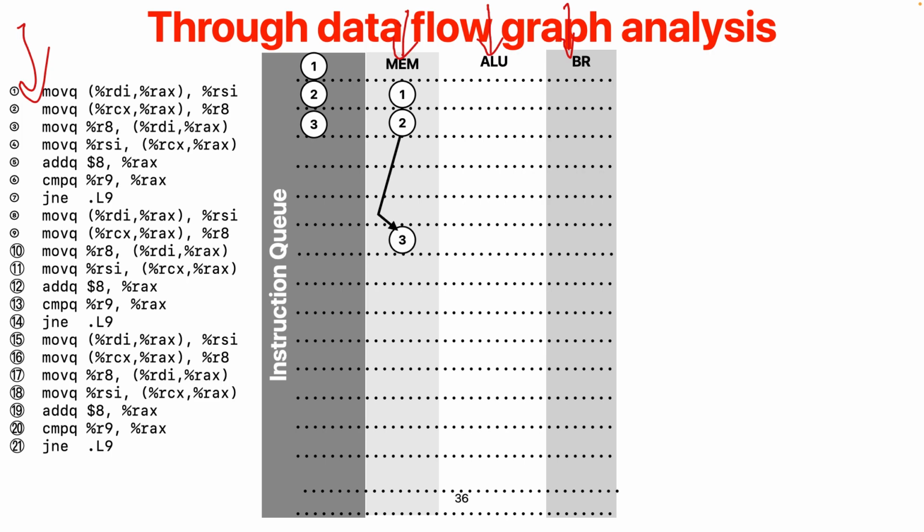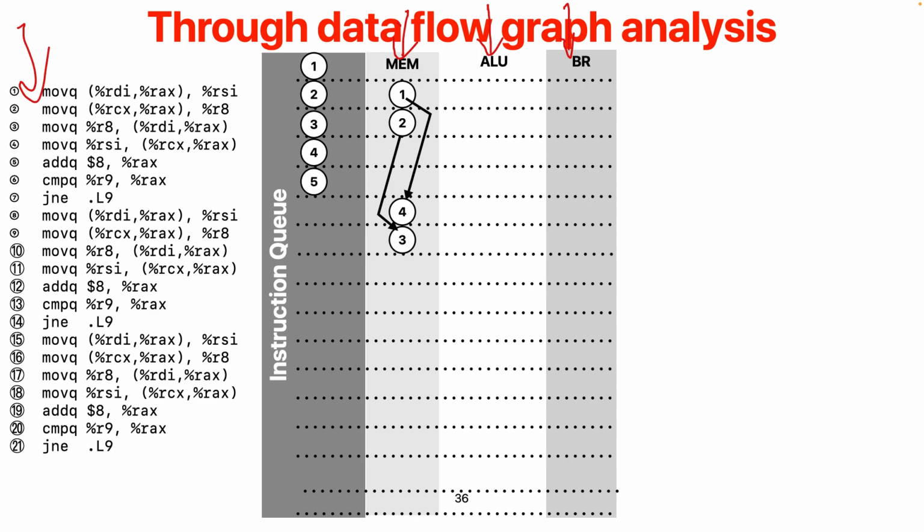Agree? Now for instruction 4, who is it depending on? 1. So where is the earliest place I can have 4 issued? Right before 3.